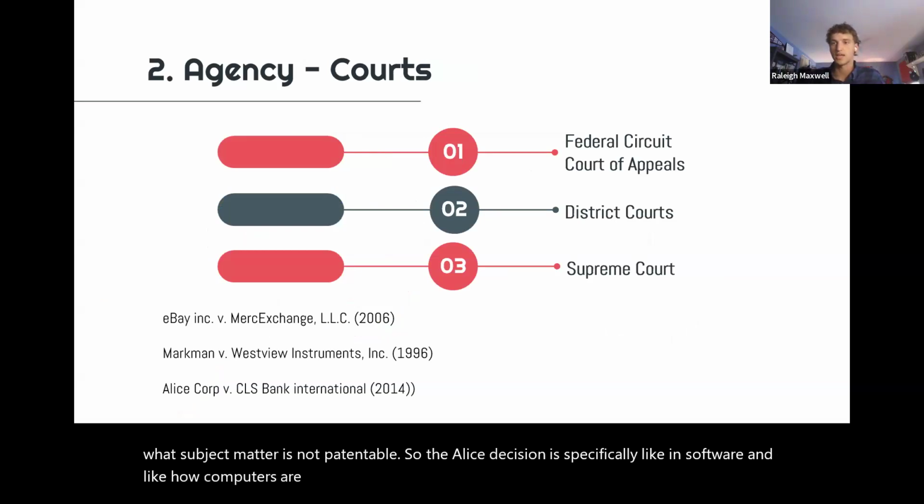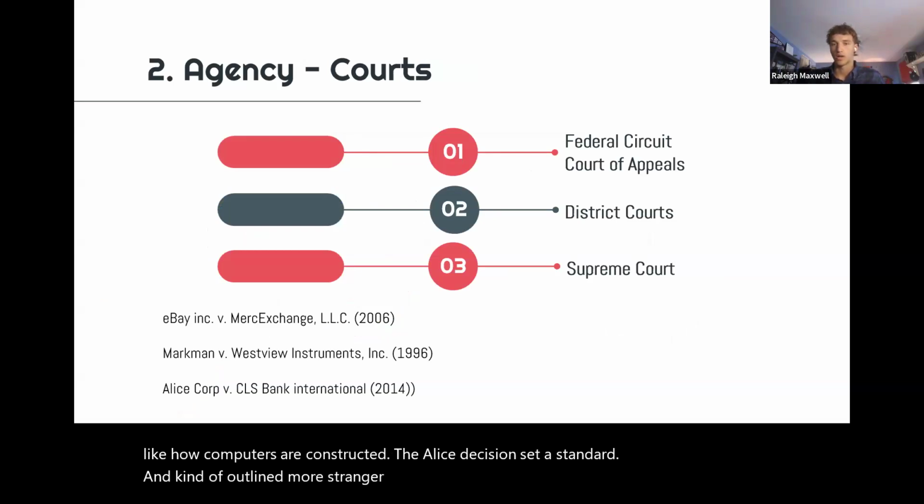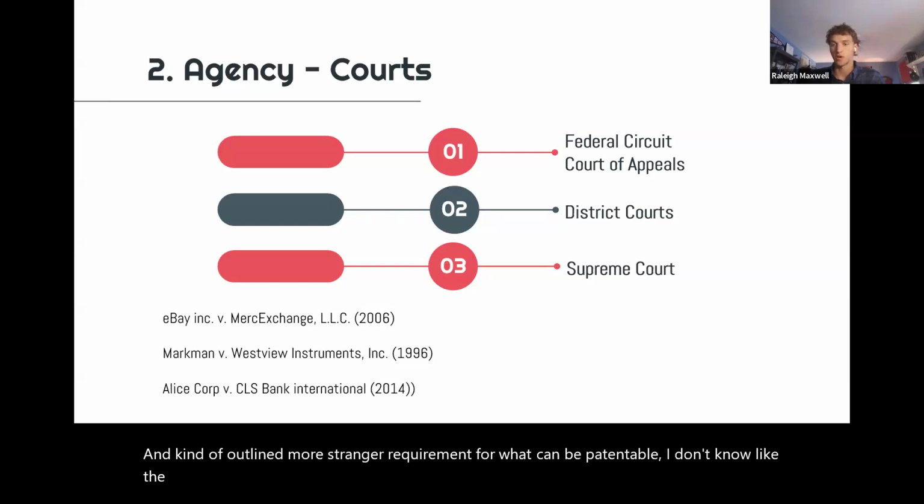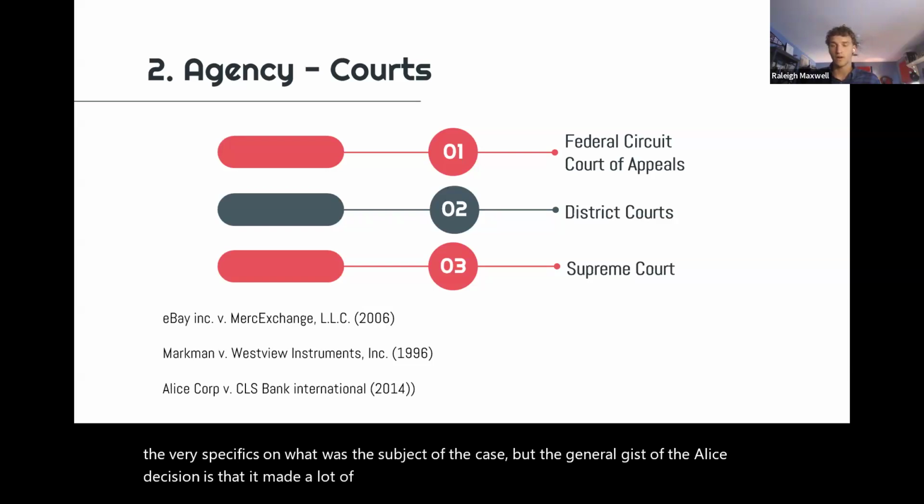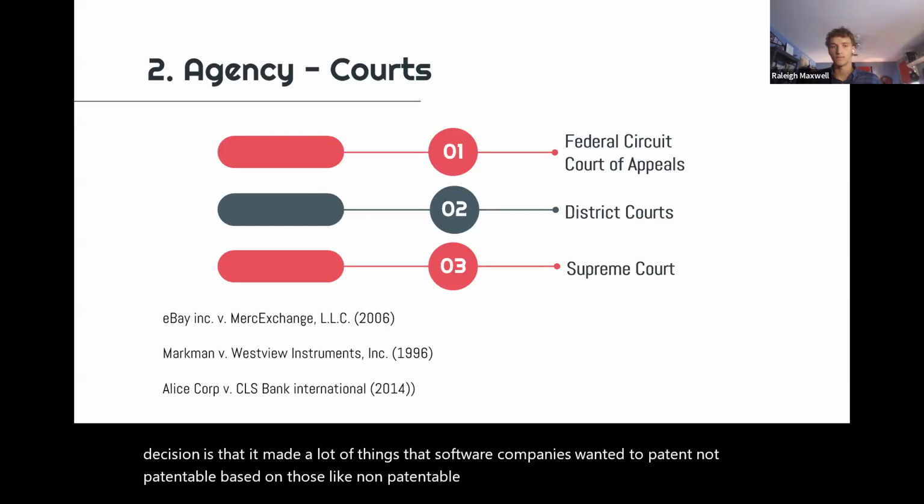It set a standard and outlined more stringent requirements for what can be patentable. I don't know the very specifics of the subject of the case, but the general gist is that it made a lot of things that software companies wanted to patent not patentable, based on non-patentable subject matter.